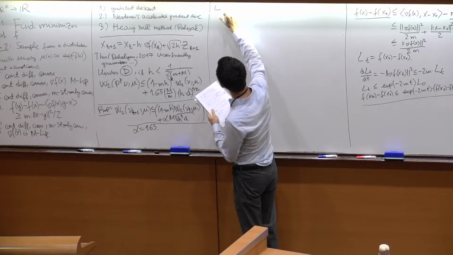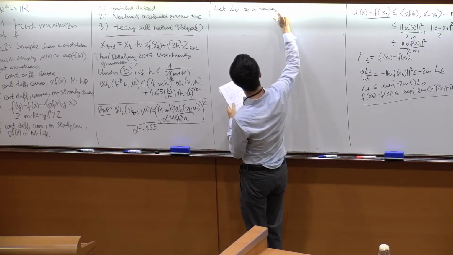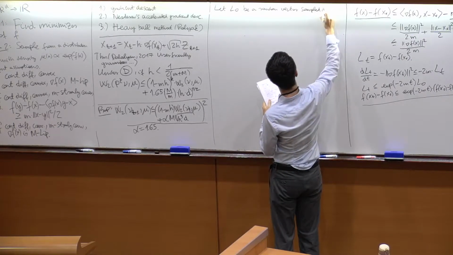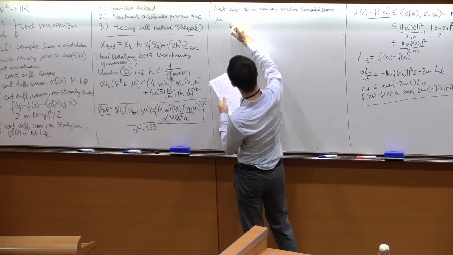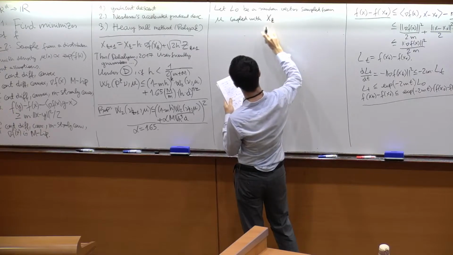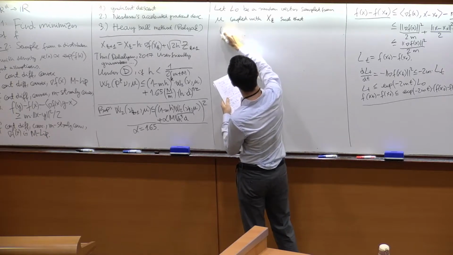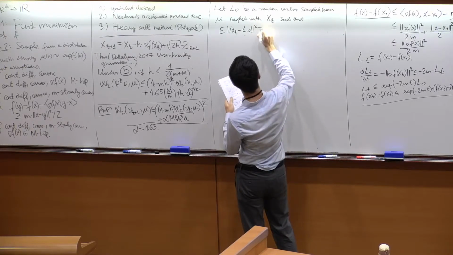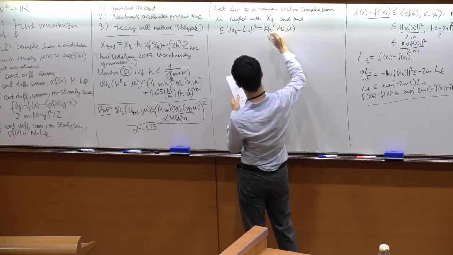So let L0 be a random vector sampled from mu, coupled with x_k, such that the expectation of the norm of x_k minus L0 squared equals the 2-Wasserstein distance squared.